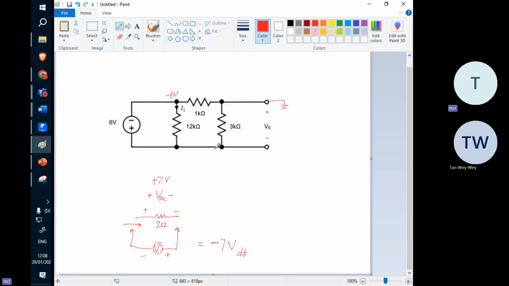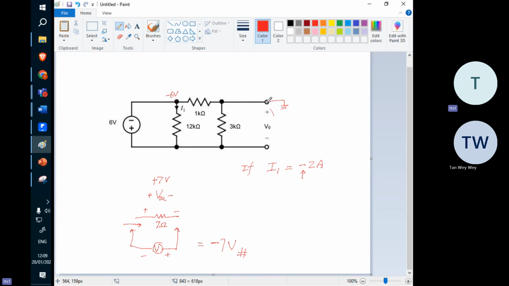But if your answer, if you calculate I to be, for example, negative 2 ampere, what it means is the current should be flowing up. This polarity only indicates the direction of the current flow. And this polarity of the voltage only indicates the measurement at this point.